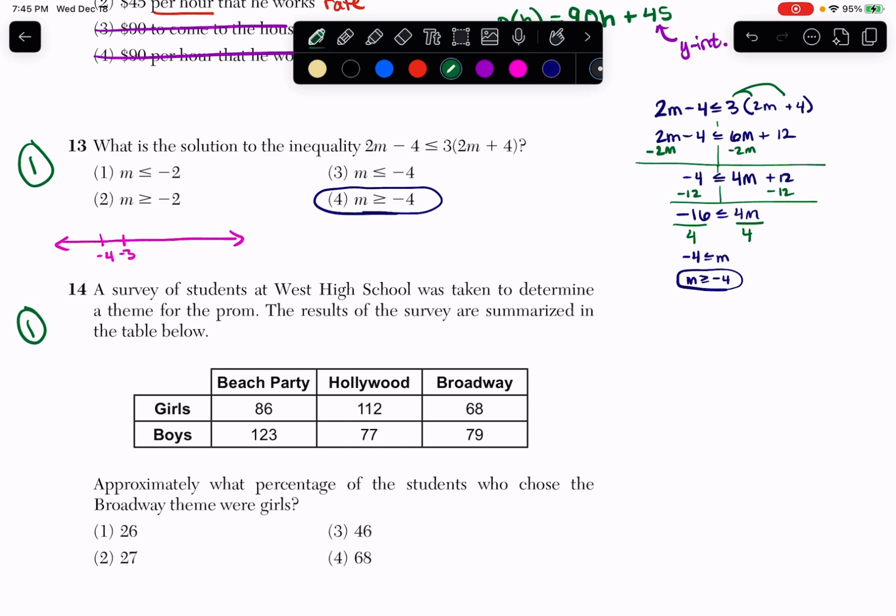A value that's greater than negative 4 is negative 3. So if negative 3 works, then I'm pretty confident I'm in good shape. So I'm going to take my original inequality, substitute in negative 3, and see if it makes things true.